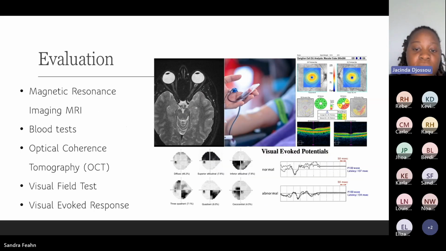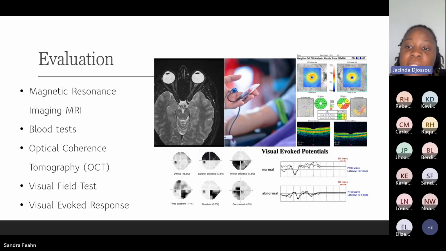Further evaluation includes magnetic resonance imaging, or MRI. So this is when a patient receives an injection of contrast solution to make the optic nerve and other parts of the brain more visible on the images. They can also get blood tests done to check for infections and specific antibodies.